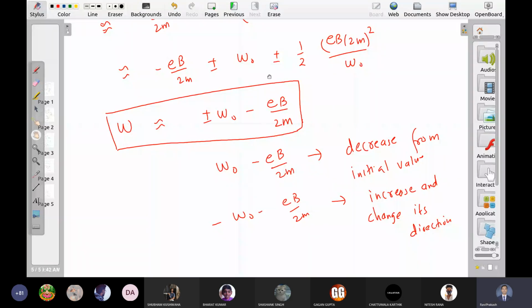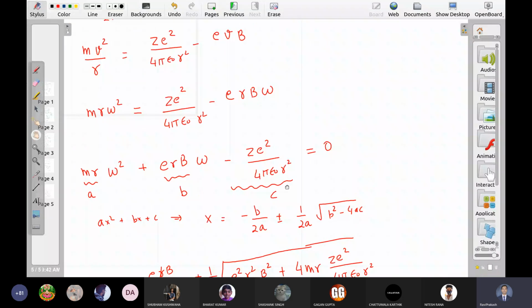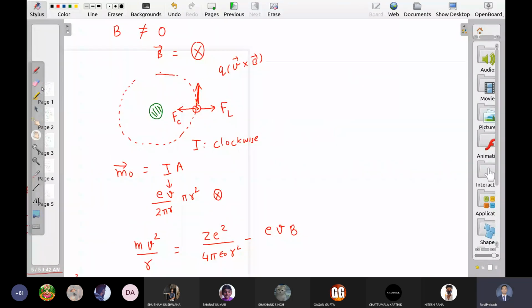If you see this problem, when we have only Coulomb force, it was moving with angular velocity omega naught. Now we have one more force in the opposite side, or we have reduced the centripetal force. Accordingly, means centripetal force has now reduced.